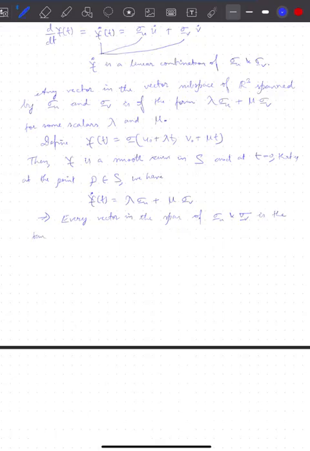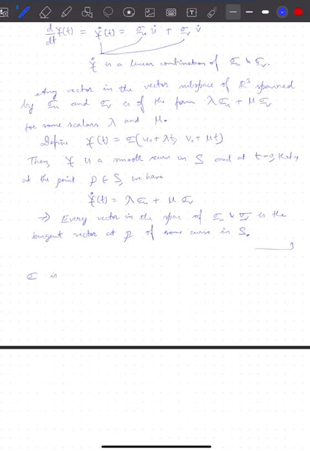That's how we say that we have infinitely many tangent vectors at p of some curve in S, right? Okay. So the proof ends here.